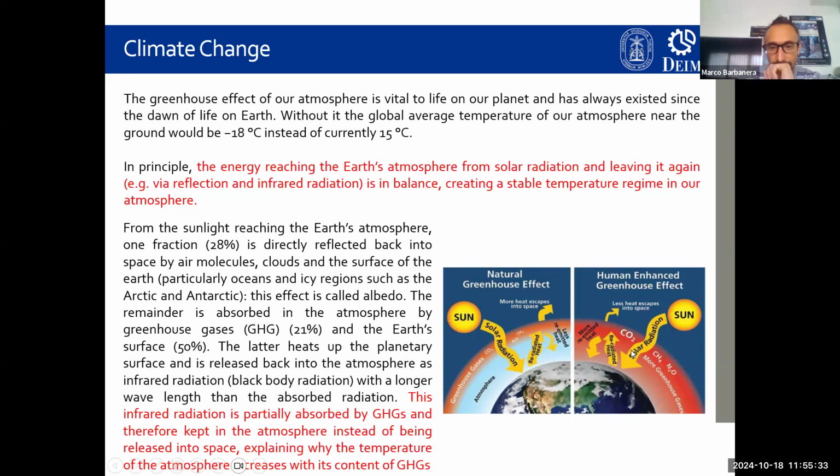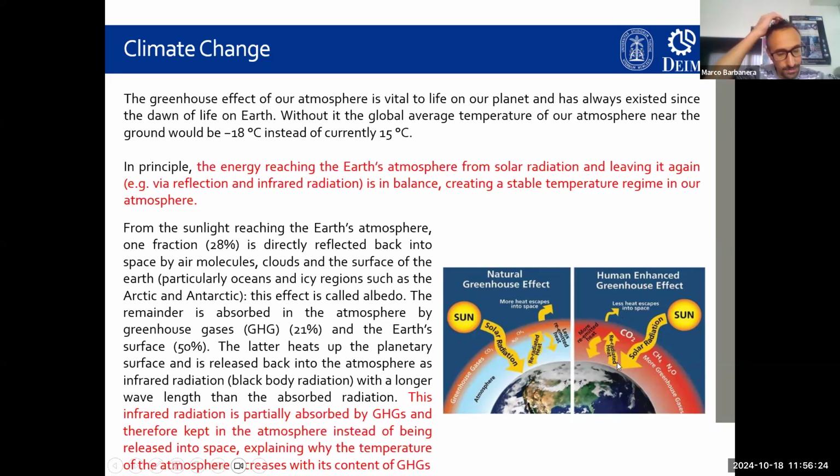When instead the concentration of these greenhouse gases is very high in the upper zone of the atmosphere, the problem is that the energy associated with this infrared radiation cannot reach space and remains inside the atmosphere, and so could increase the temperature on the Earth's surface.